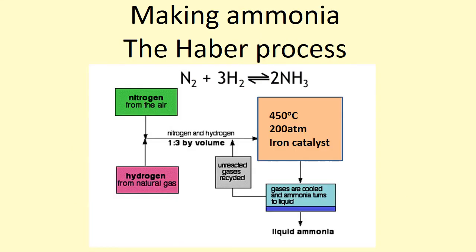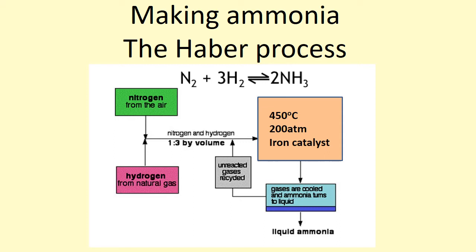So we can kind of see this in a flow diagram here. We can see our nitrogen is sourced from the air and hydrogen from natural gas. That is quite a common 1-2 mark question, identifying sources of the nitrogen and hydrogen. They're mixed in a ratio of 1:3, and that's what you would expect, because if we look at the chemical reaction, it's 1 mole of nitrogen reacting with 3 moles of hydrogen.